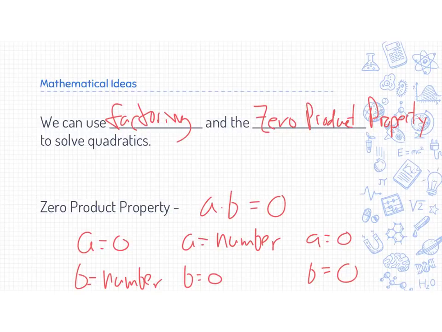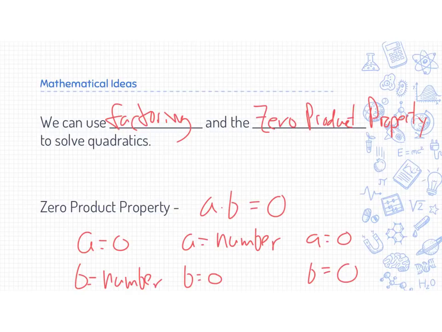Those are our three options there. So that's what the zero product property means. This means product is multiplication, so if we're multiplying two or more things together that equals 0, at least one of those terms has to be 0.